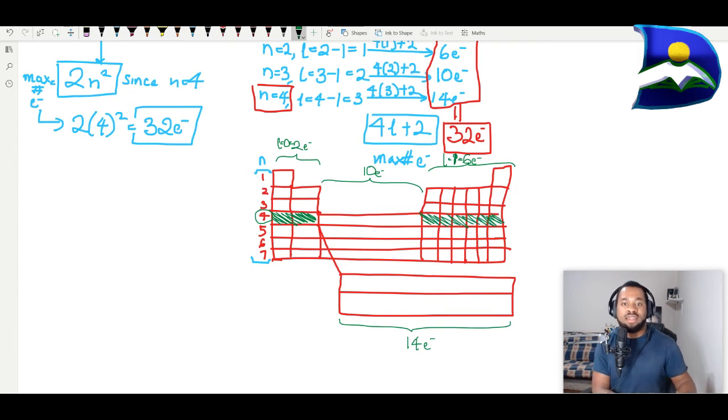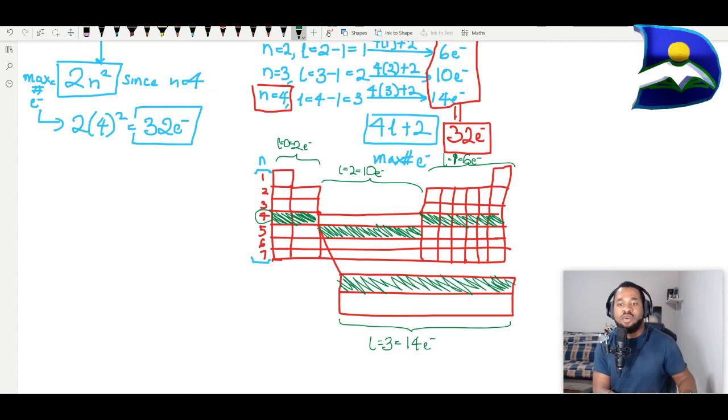And then the next one is L equal to 2, which in this case, we're going to count this region right here. And then the final one is this region right here where L equals 3, which is actually accounted for at the top right there.